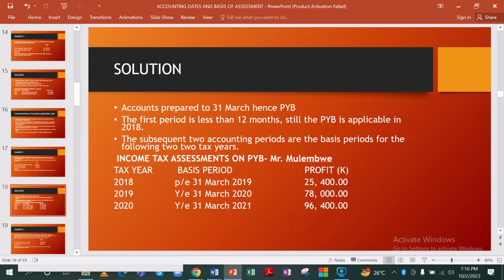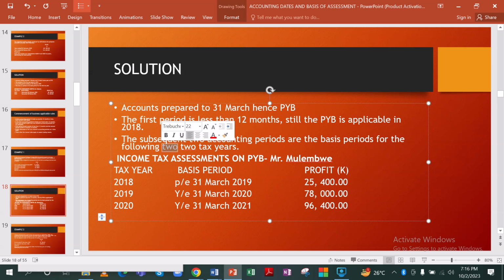The subsequent two accounting periods are the base period for the following 2 tax years.